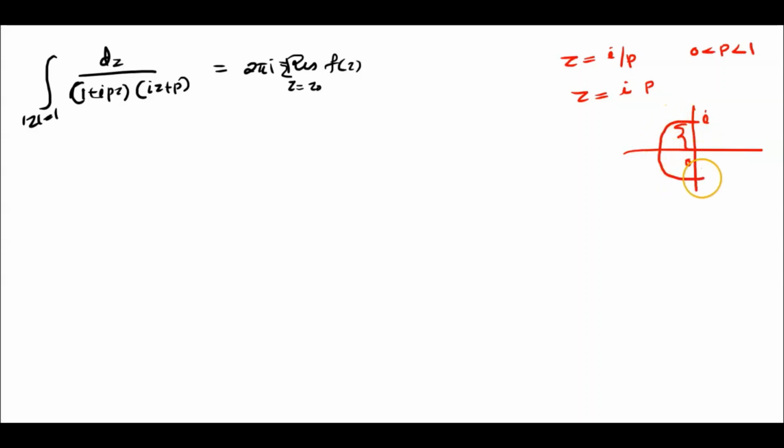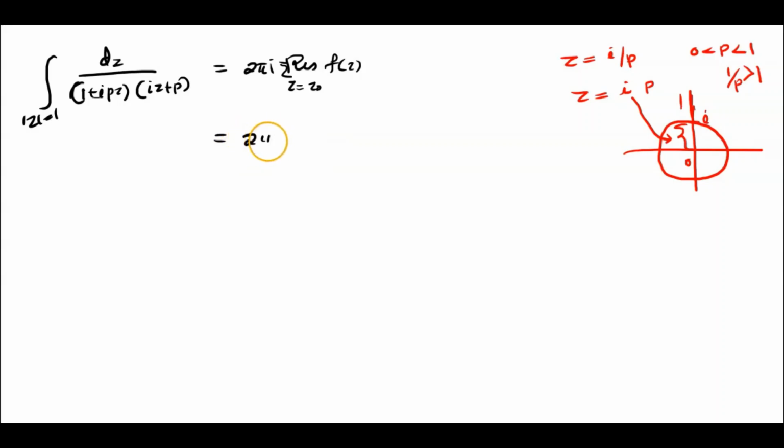This is our unit circle, so ip is inside the circle. But for i by p, if p is less than 1, 1 by p is greater than 1. So 1 by p into i is outside the circle, somewhere here. So the singularity inside the circle is z is equal to ip.